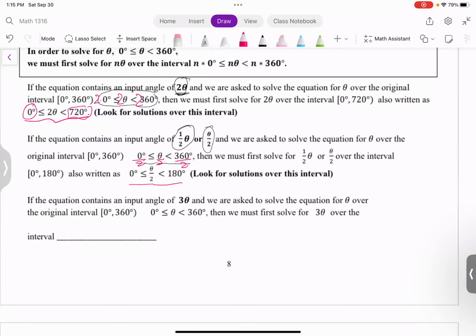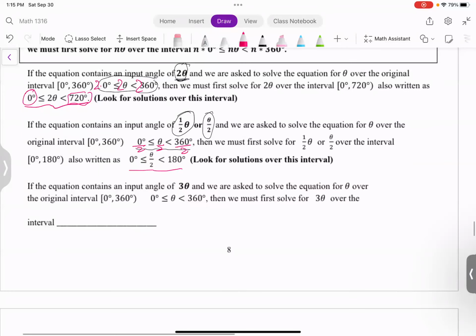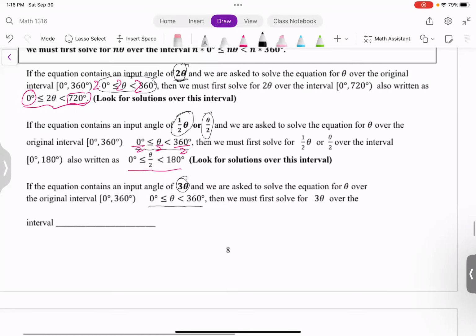How about the next one? If my input angle is 3 theta, and I'm looking for theta between 0 and 360, what is the adjusted interval? Everybody multiplies by 3. I have 3 times 0 degrees less than or equal to 3 times theta, and less than 3 times 360 degrees.